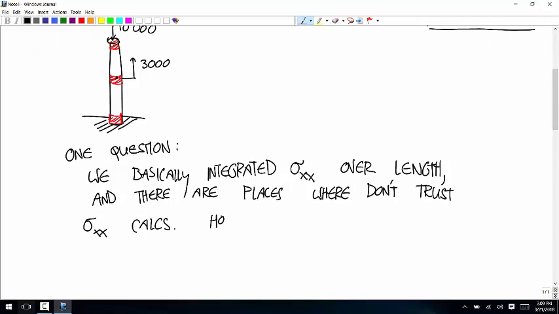So how do we trust these integrated deformations? All we're doing is taking the stresses at each location, each X value, and integrating it, basically adding up all those different deformations.